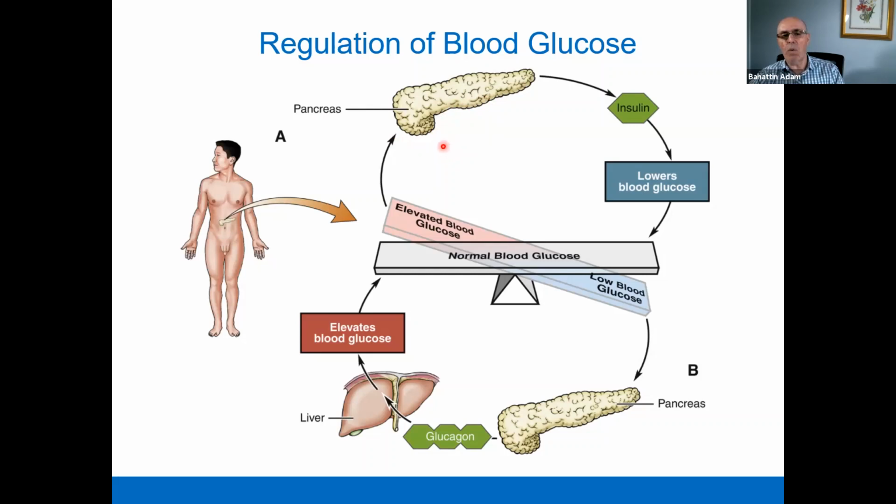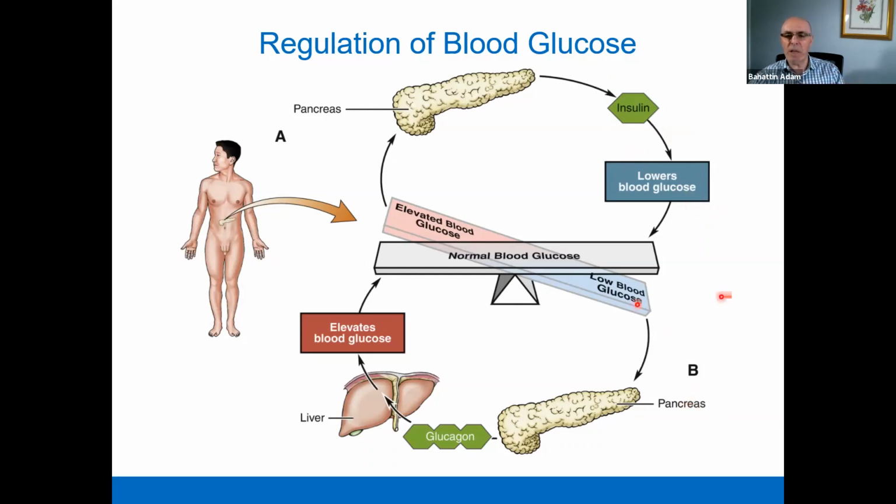Once glucose is elevated in the blood, it stimulates the beta cells of the pancreas to produce and release insulin. Insulin will decrease the blood glucose and bring it into the normal range.